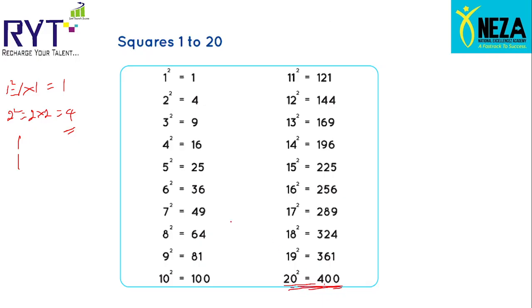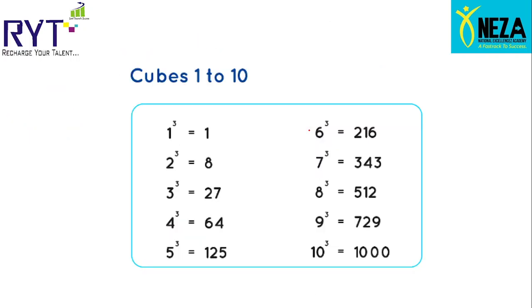Why this? Because when you look at the number 36, directly remember it is the square of 6. When you look at 49, you should remember that it is 7 square. When you look at 324, you should remember it is 18 square. 289 means 17 square. 169 means 13 square. This is how you should read the numbers in the question. That will make it easy for you. First thing, squares from 1 to 20.